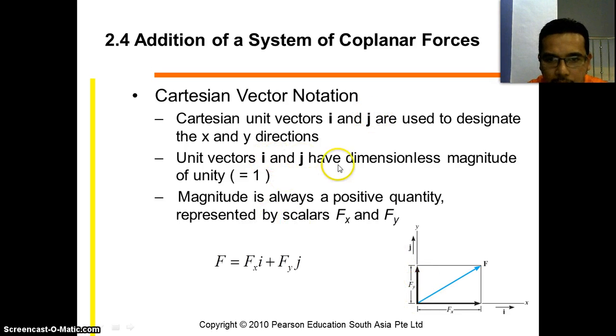The unit vectors i and j have a dimensionless magnitude of 1. So Fx and Fy are positive quantities. The force is Fx i plus Fy j. We cannot simply add the magnitudes, because this is a vector.